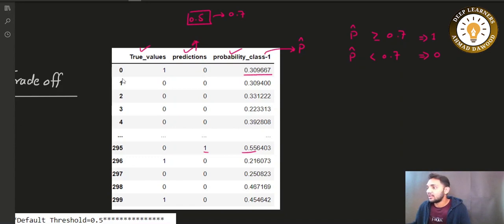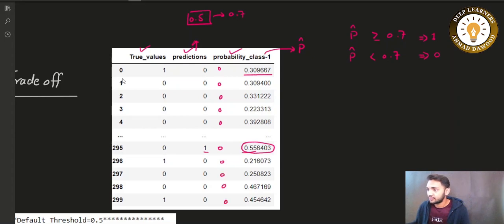All the probabilities are less than 0.7, so all the samples that we are visualizing here become 0. This one will also become 0, because its probability is less than 0.7.